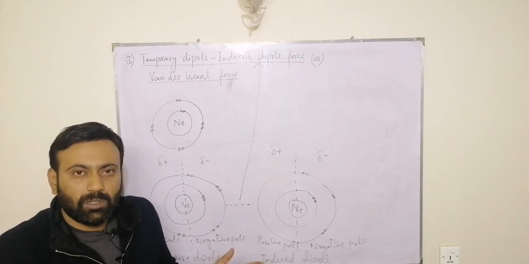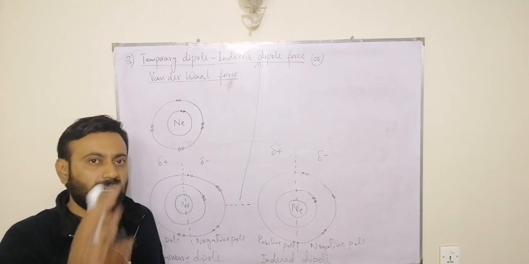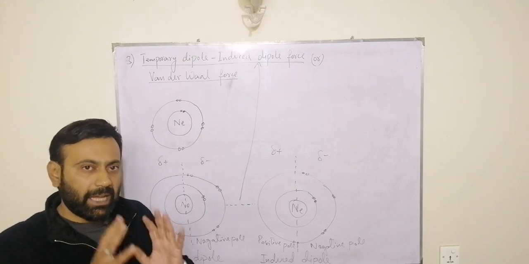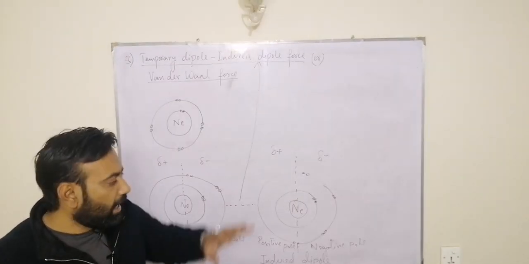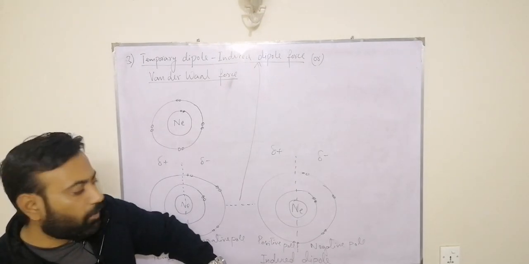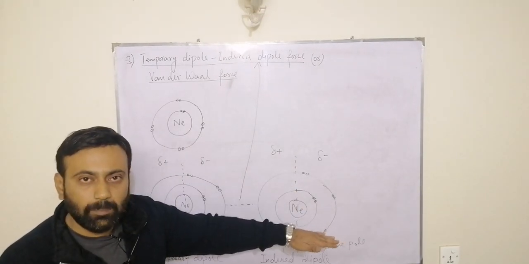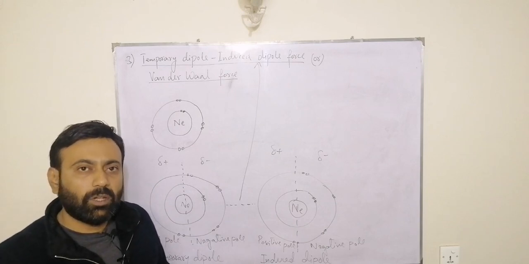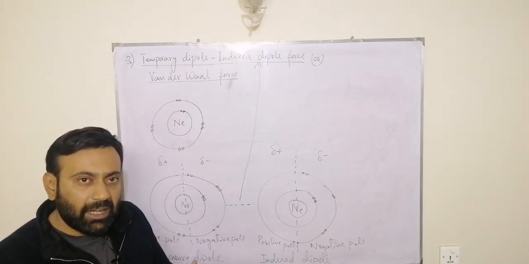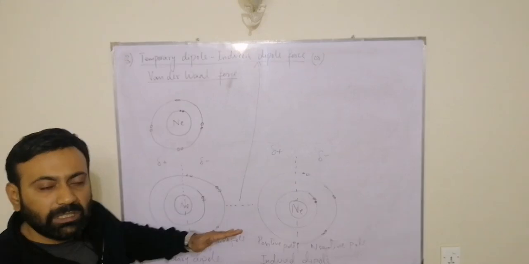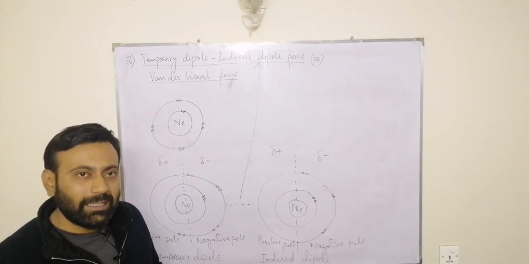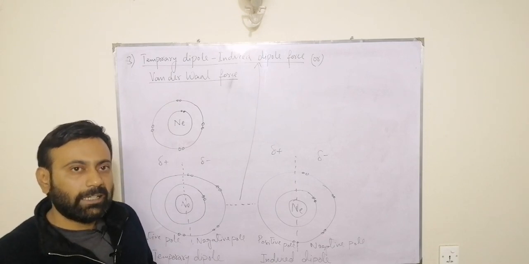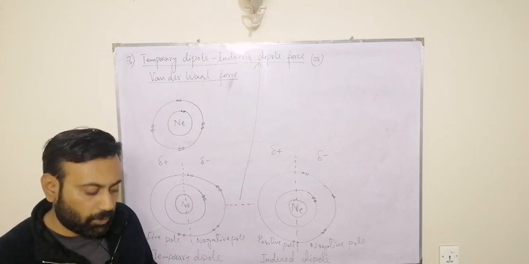It doesn't matter if they are polar or not, they still have electrons, and the electrons are revolving around the nucleus, and due to that movement there will be temporary dipoles formed, and when temporary dipoles are formed, there would be induction of dipoles into the other atoms or molecules, and the attraction between the opposite poles of a temporary dipole and an induced dipole is Van der Waals force, or temporary dipole induced dipole force.